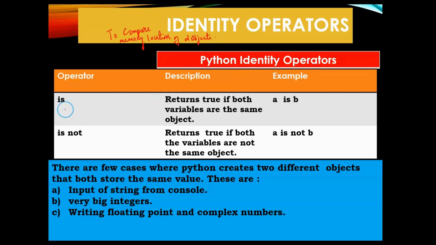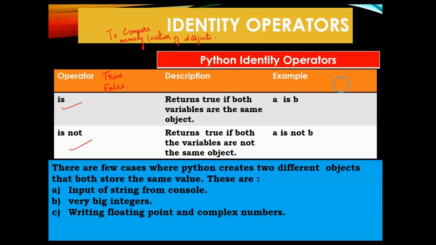Here we have two identity operators, that is, is and is not. Both will be returning either true or false. See the description here. It returns true if both the variables are the same object, and is not returns true if the variables are not the same object.